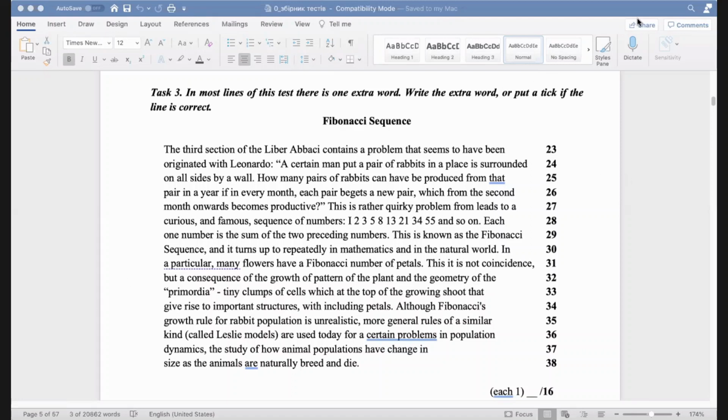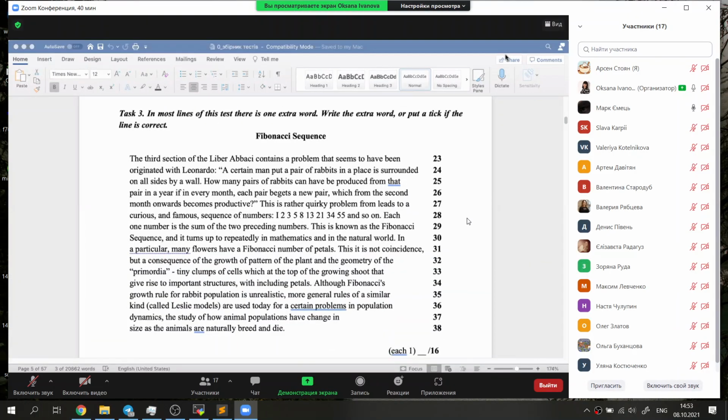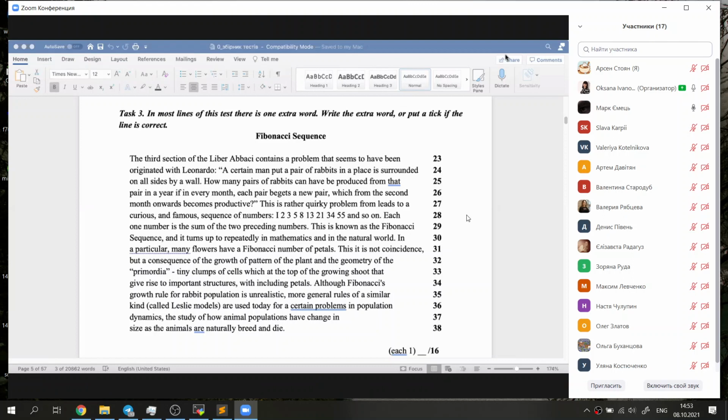Although Fibonacci's growth rule for rabbit population is unrealistic, more general rules of a similar kind, called Leslie model, and used today for certain problems in population dynamics. The study of how animal populations have changed in size as animals naturally breed and die.